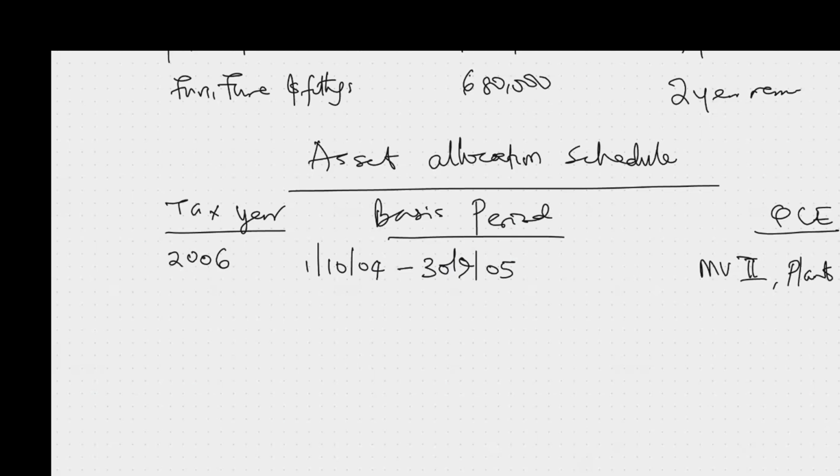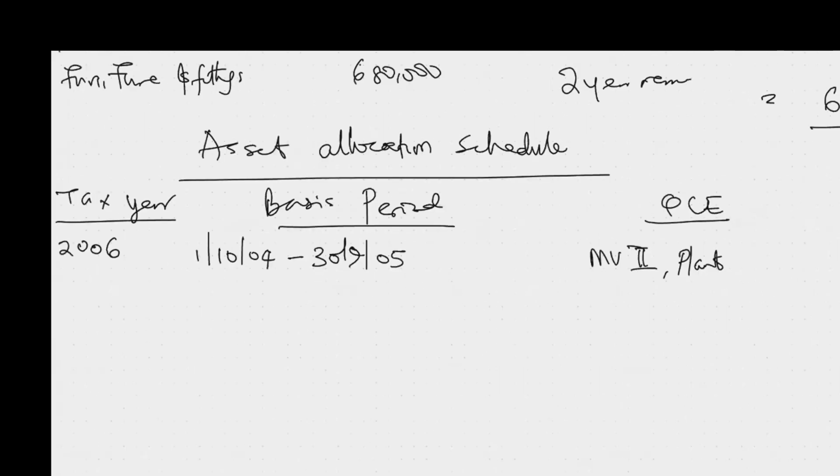The year end of those assets is 30th 9, 2025. So they were all 4 years. So that means motor vehicle 1, plant 1, and furniture 1.